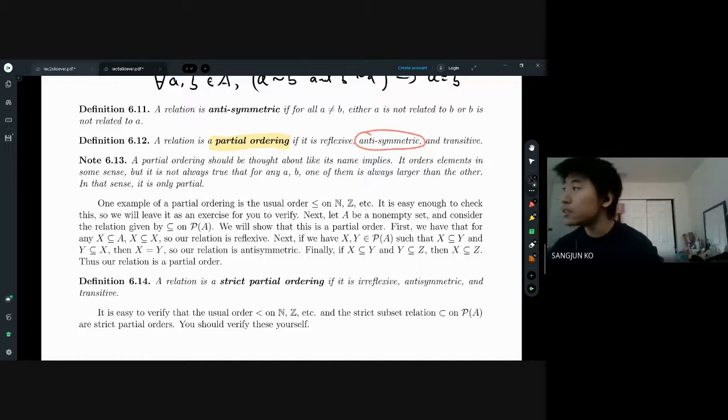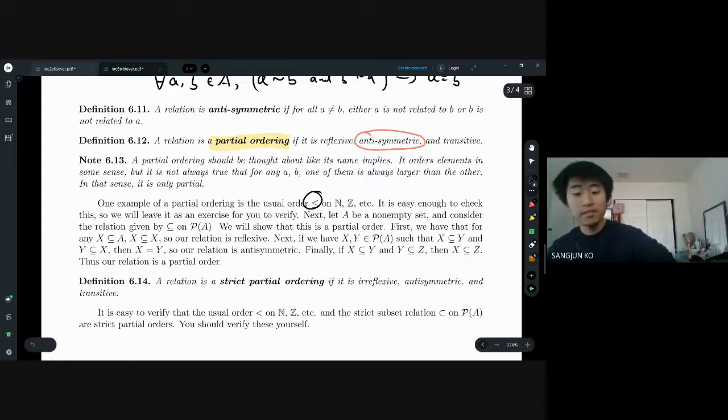This example is a partial order, but it's not a total order like the other example. Not every subset can be compared to another one. Let's say our set is Z, and you have the set {1, 2, 4} and the set {1, 2, 3}.